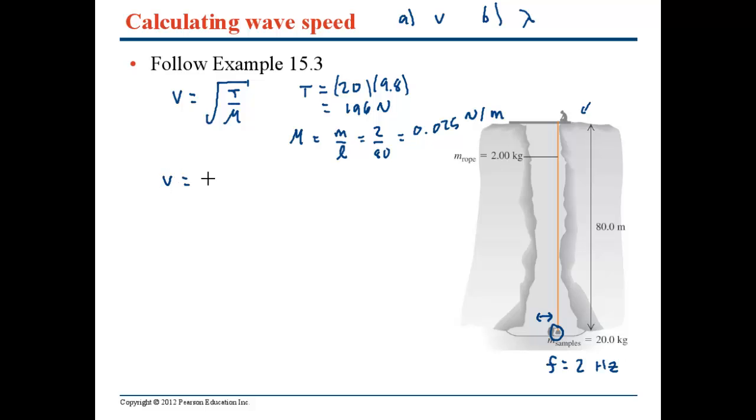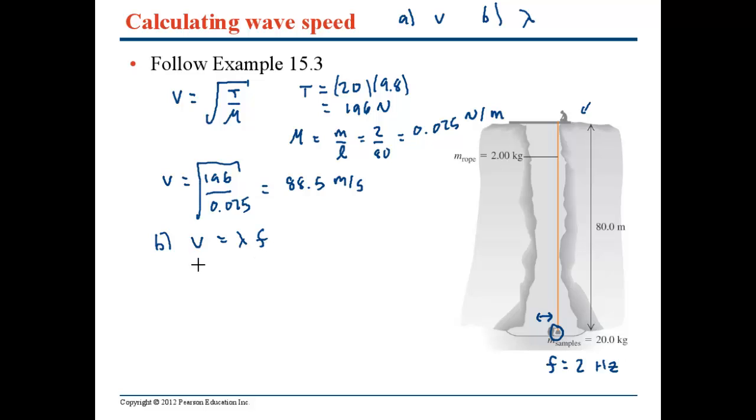So the speed then is just going to be 196 divided by 0.025. Go ahead and take the square root, and we get 88.5 meters per second.